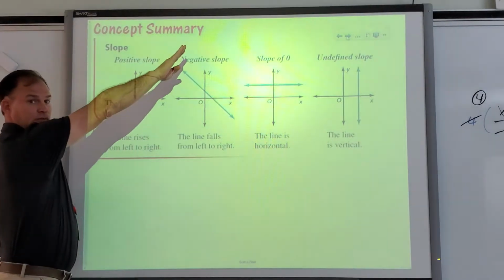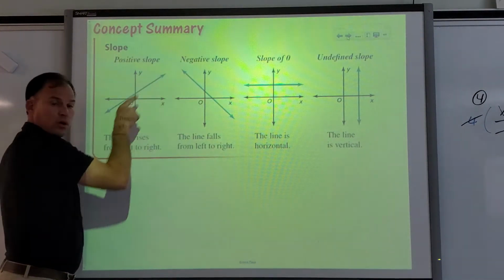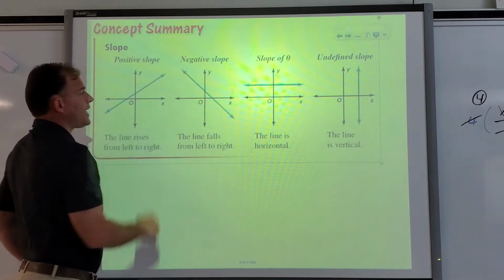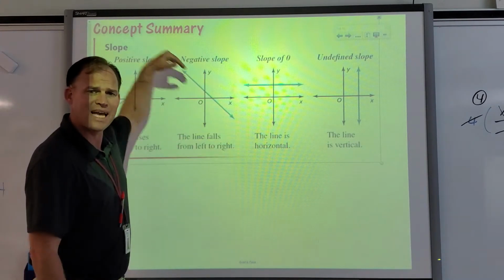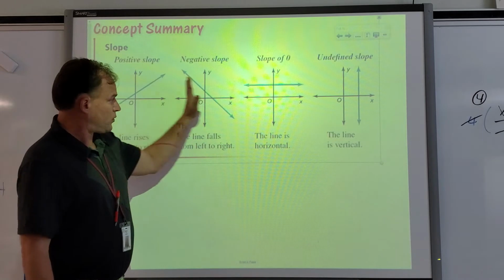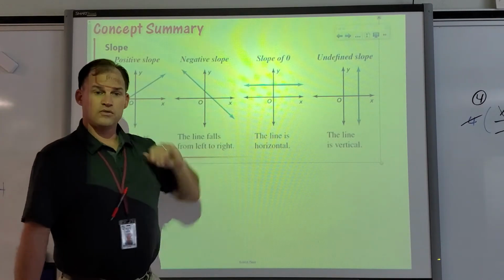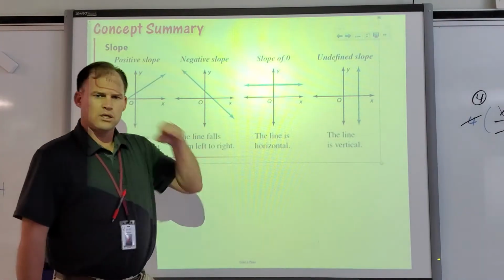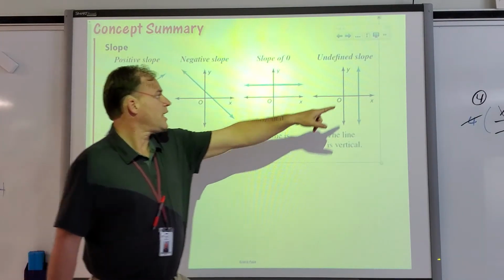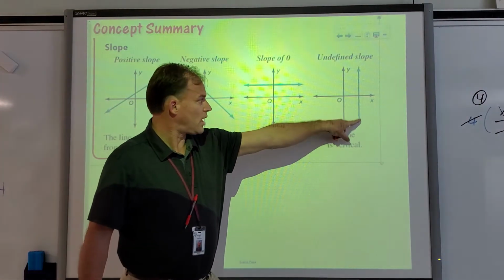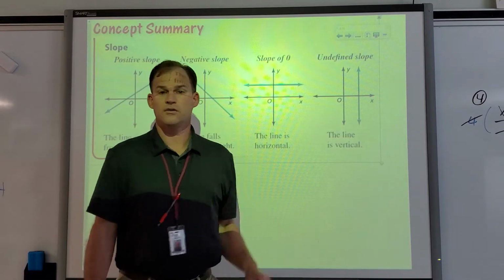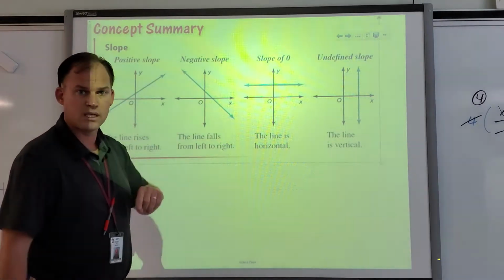It's a positive slope going upwards. A negative slope is going downward. A flat line, a horizontal line, has a slope of 0. It's not rising or falling. And then if we have a vertical line, that's an undefined slope. So make sure you get all of this in your notes.